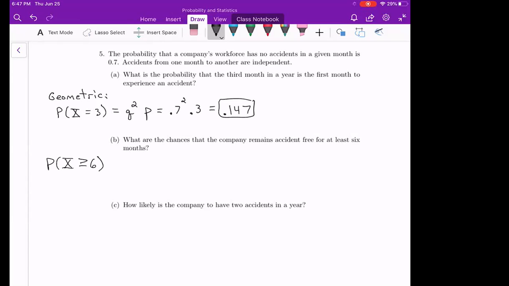Accident-free for at least, so 6 or more. I'll give you a tip. This is the same as the probability that X is strictly greater than 5. Why did I write it in this fashion?